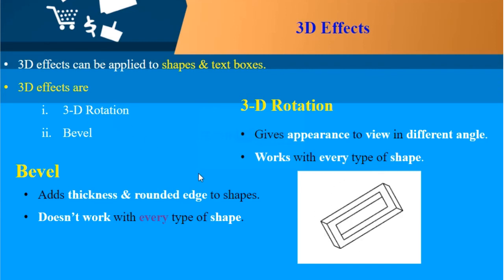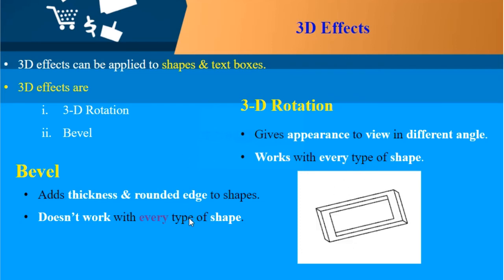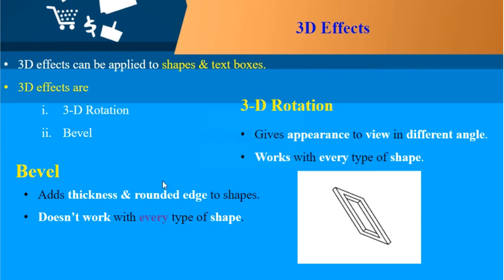The 3D rotation gives the appearance that you are viewing the object from a different angle. It can be applied to any shape, so it works with every type of shape. The bevel effect adds thickness and rounded edges to shapes. It does not work with every type of shape, so here we should be very careful.